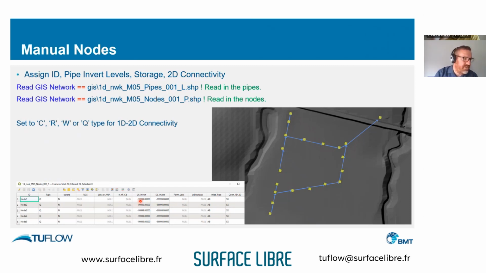So in this case, we've got -999 in our node layer, so it's going to be taking the downstream invert from our pipes, and it's going to be taking the upstream invert from our DTM. However, our pipes can have upstream downstream invert levels of -9999, in which case they will look for defined elevation within the nodes.